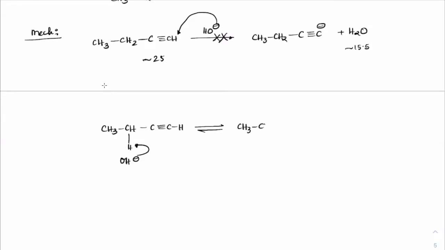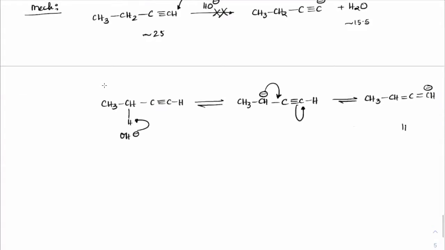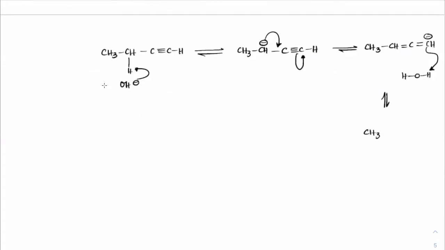So we'll get CH3, CH minus, C triple bond, CH. And this would give us a carbanion on the vinyl carbon here. So we'll get CH3, CH double bond, C double bond, CH minus. And the H2O which has formed here will give back the proton and we would get CH3, CH double bond, C double bond, CH2.